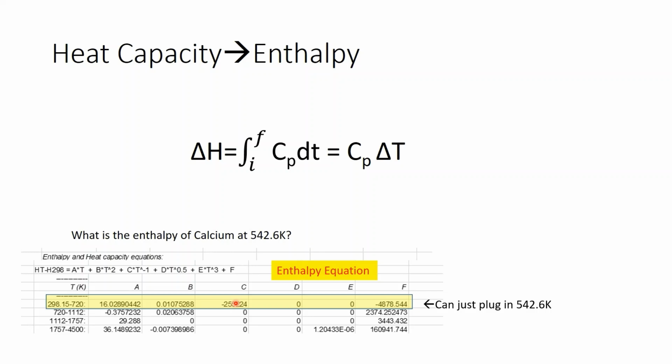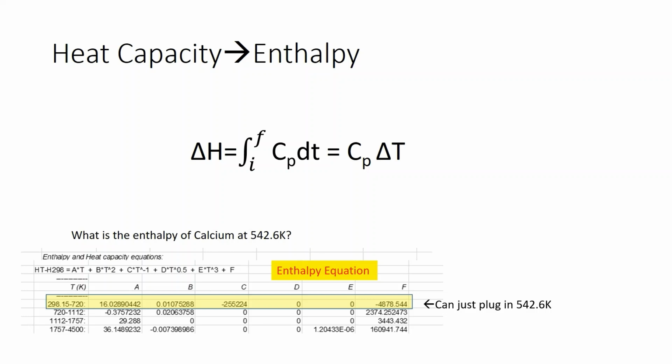You don't have to integrate. So be sure to pay attention whether you're given the heat capacity equation or the enthalpy equation. If you're given the enthalpy equation, you just plug in 542.6 for your temperature T.